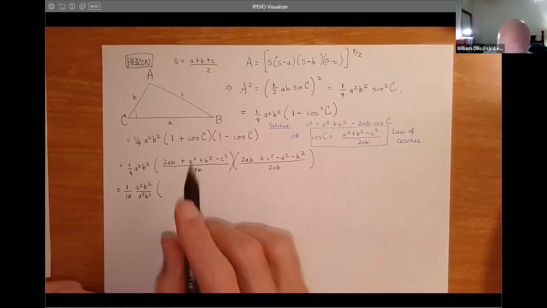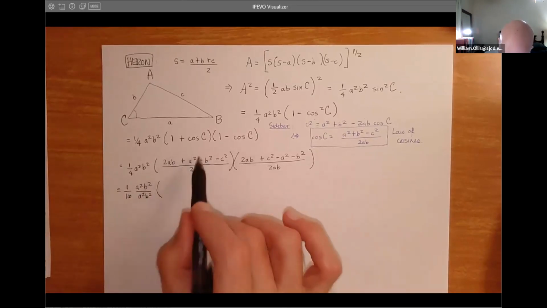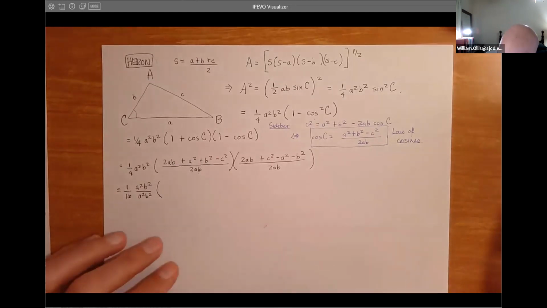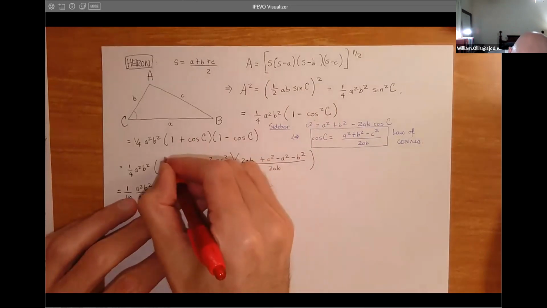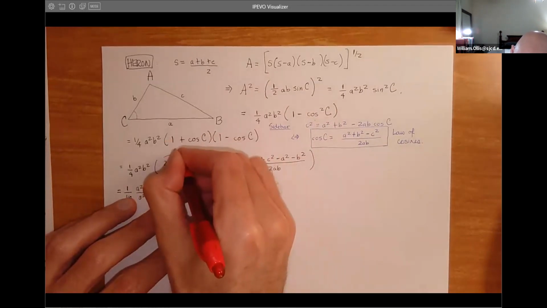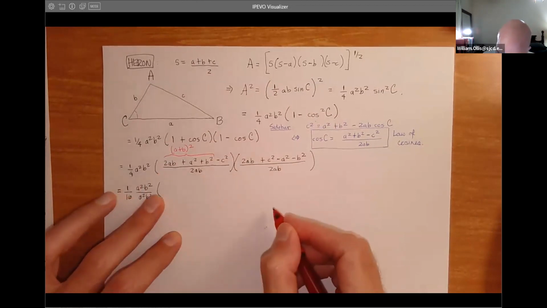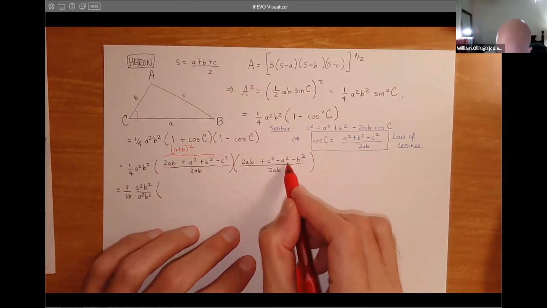And now let's rearrange things. Notice here's a perfect square right here. This is a perfect square. This is a perfect square. This is A plus B quantity squared. Now over here, it's subtracted, so to speak.